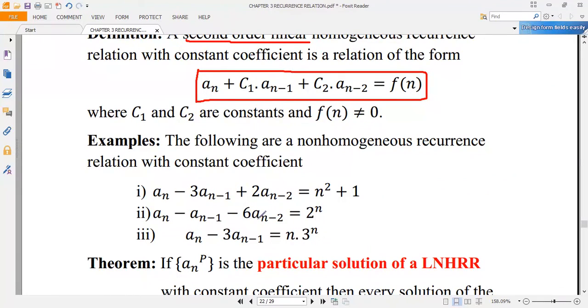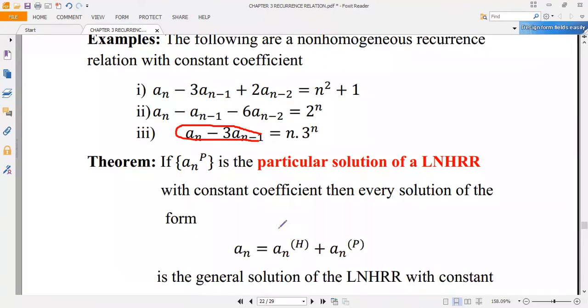Similarly, a_{n-1} minus 6a_{n-2} equal to some number to the power of n is another non-homogeneous linear recurrence relation. The third example is a_n minus 3a_{n-1} equal to n times 3 to the power of n, also a non-homogeneous linear recurrence relation with constant coefficients. The degree of this example is 1, and the other two have degree 2.